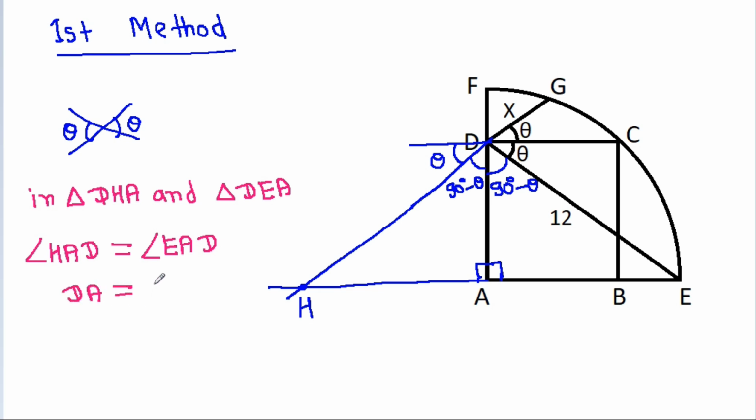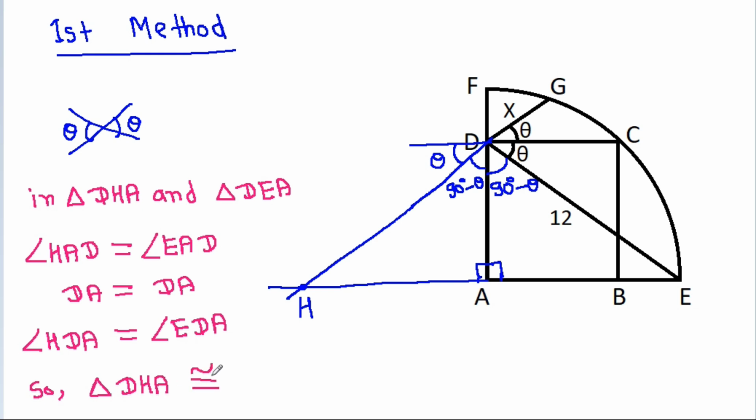DA is common and angle HDA is equal to angle EDA. So triangle DHA will be congruent to triangle DEA.